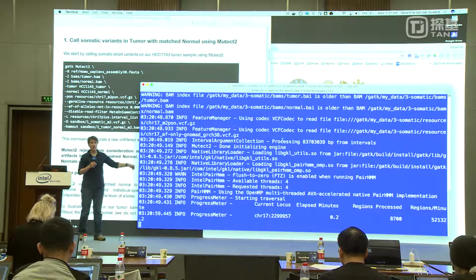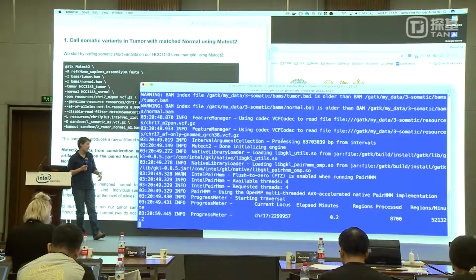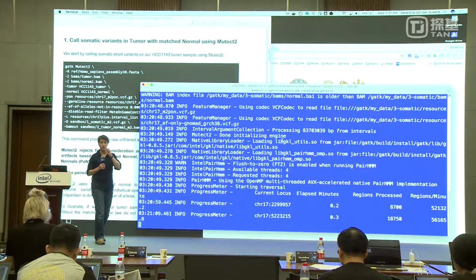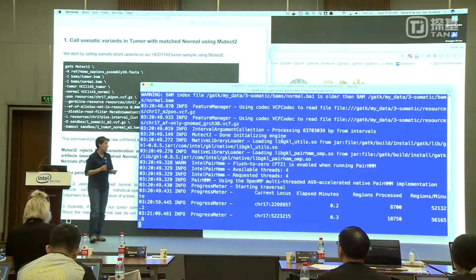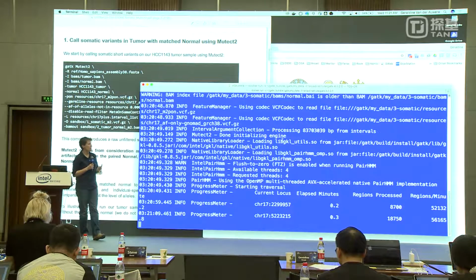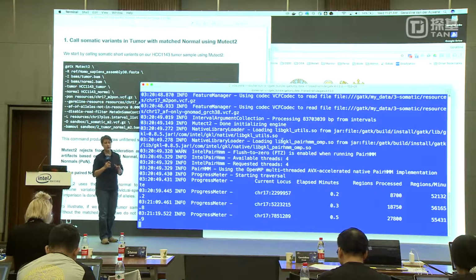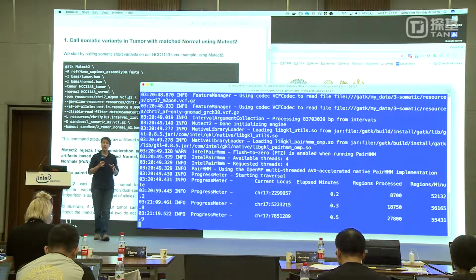So it's going to run for a few minutes, probably, because it has a lot more work to do. Yesterday we were running on a much smaller slice of data. The other reason is that when we're doing somatic analysis, there are a lot more things that we have to consider compared to germline variant discovery.